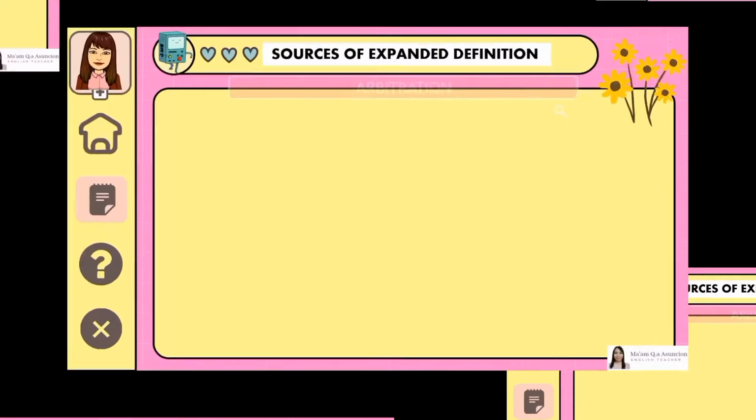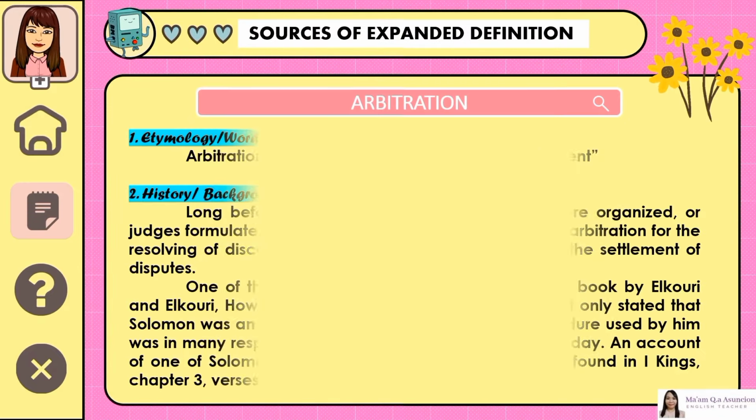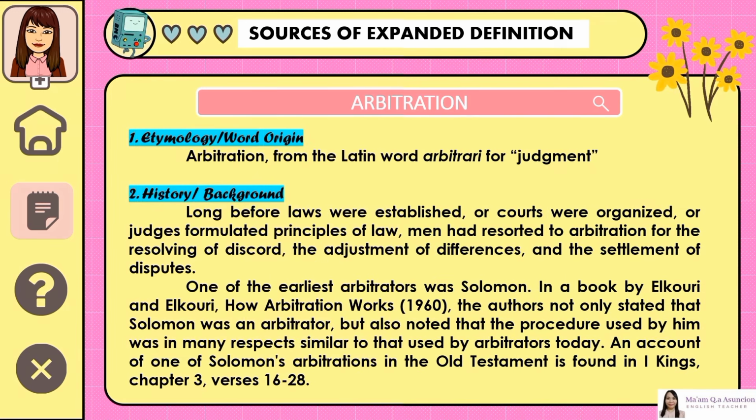Let's have an example. Let us use the word arbitration. Number 1, etymology or word origin. Arbitration, from the Latin word arbitrari, for judgment. Number 2, history or background.